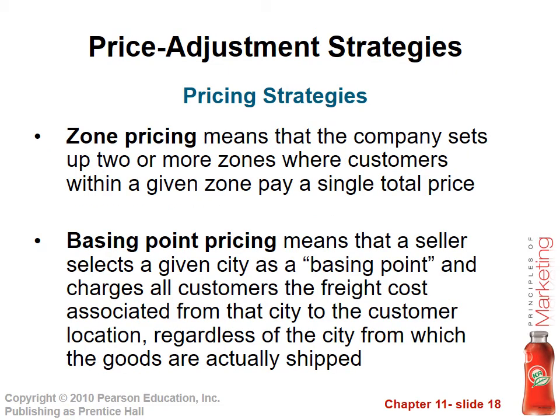Zone pricing means that the company sets up two or more zones where customers in a given zone pay a single total price. So in zone pricing, the delivery cost will depend on where your zone is. For example, because we are Indonesia, we have different islands. Java Island consists of several cities, and then there are the Borneo Islands, and then Bali Islands, Sulawesi, and Papua.